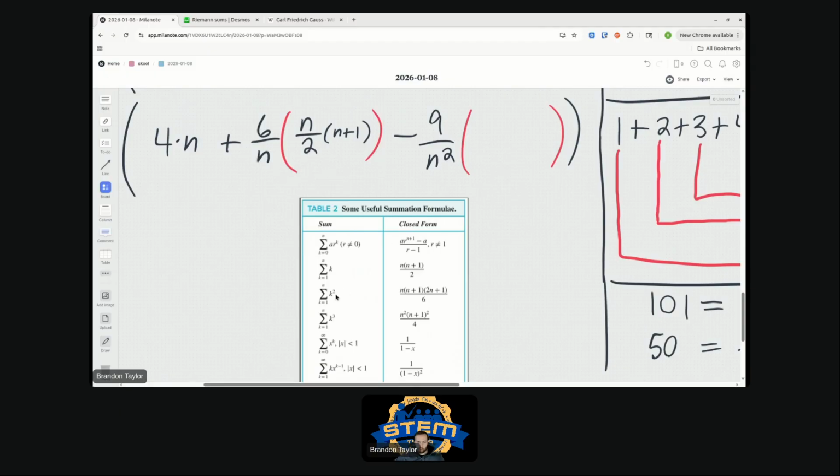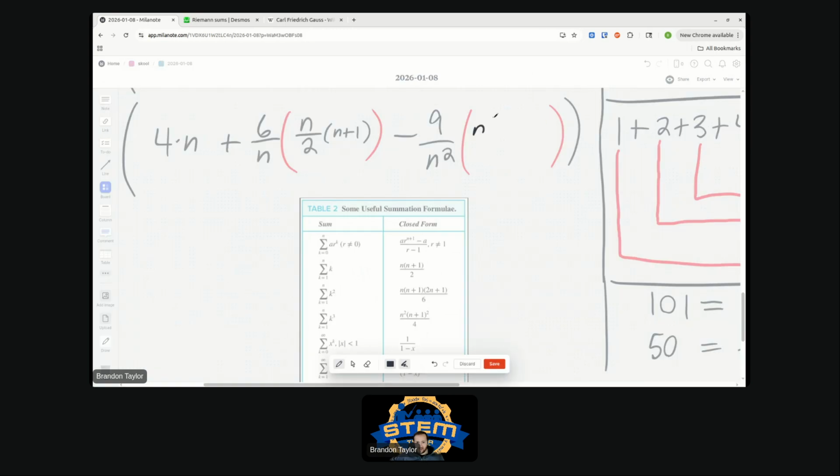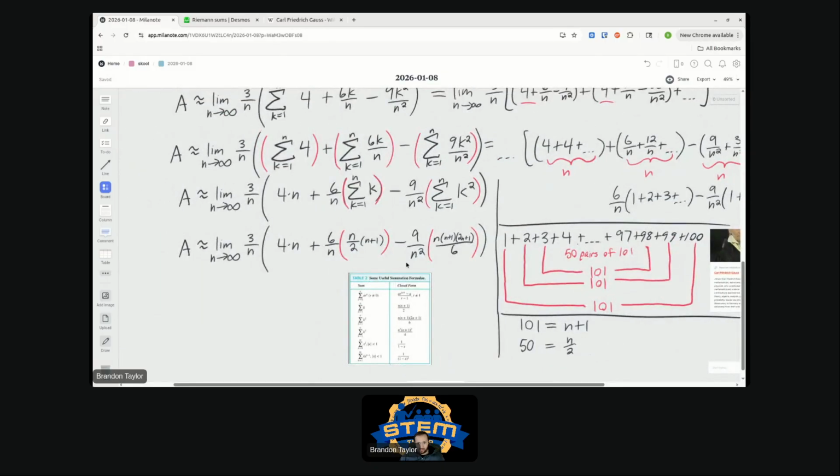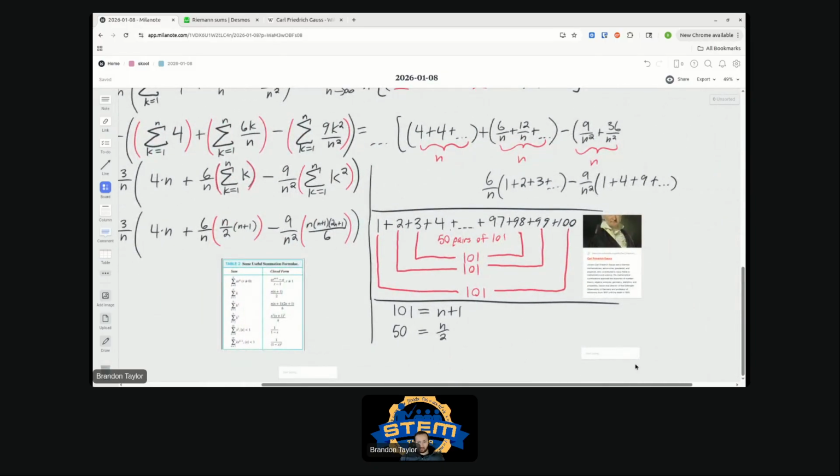For k squared, according to this table, it's n times n plus 1 times 2n plus 1 over 6. Why is that formula that way? I'm not going to get into it because it's a lot more complicated than the one we just did, but it's a similar kind of idea. It's a similar kind of proof, but it's far more complex. But it's the same process.